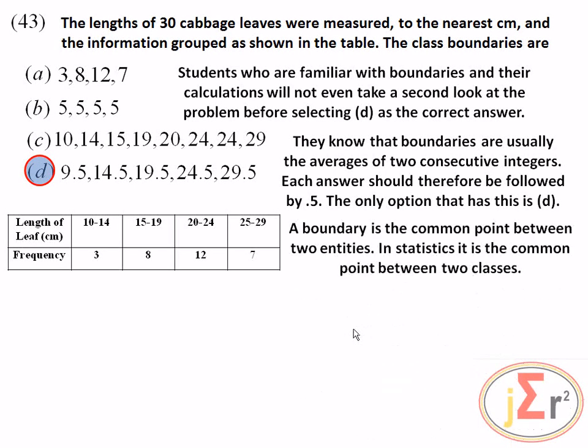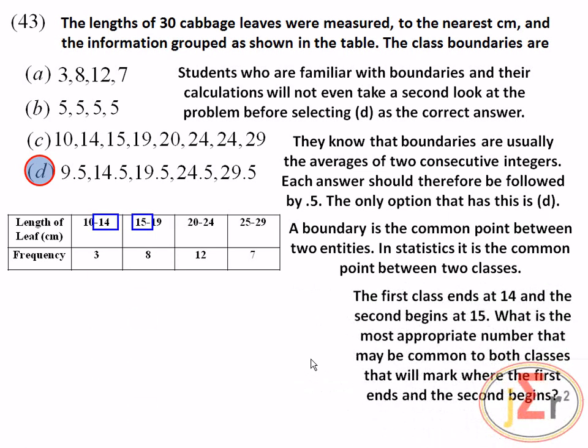A boundary is the common point between two entities. In statistics, it is a common point between two classes. The first class ends at 14 and the second begins at 15. What is the most appropriate number that may be common to both classes that will mark where the first ends and the second begins?